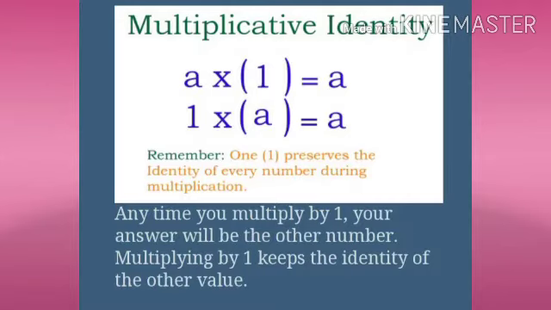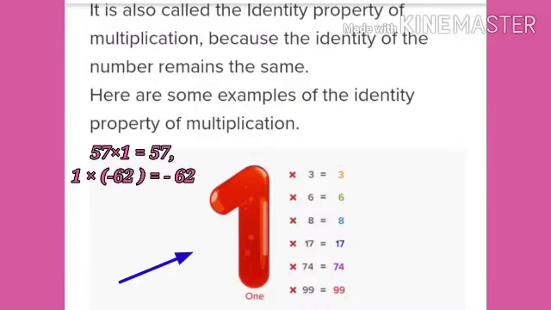Let us see about multiplicative identity. In the addition of integers, we have learnt about an additive identity 0. Just as 0 added to an integer leaves it unchanged, integer 1 multiplied with any integer leaves the integer unaltered.